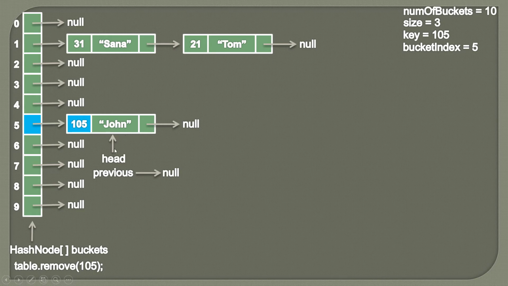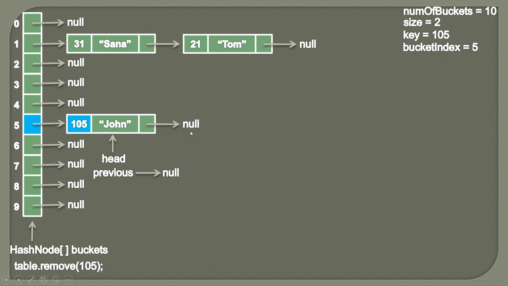So first we decrease the size. So size becomes 2. Now if we do head.next, we will get the remaining hash nodes in the form of a chain. As head.next is pointing to the nodes after that, if we assign the head.next value to buckets at this index, this node can be freed up and this reference will point to whatever head.next is pointing to.